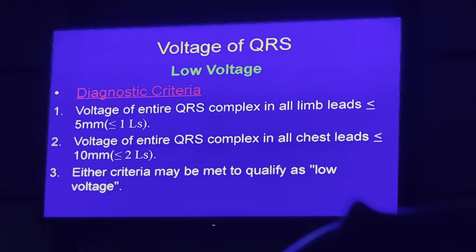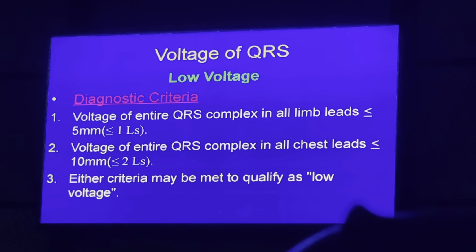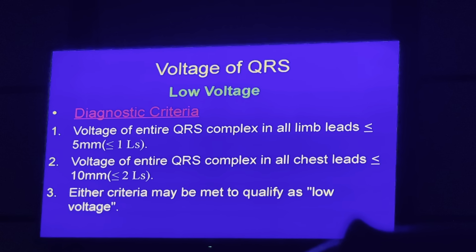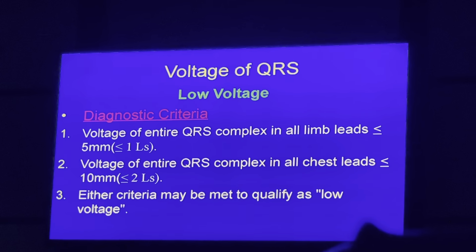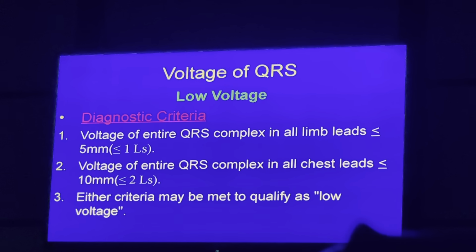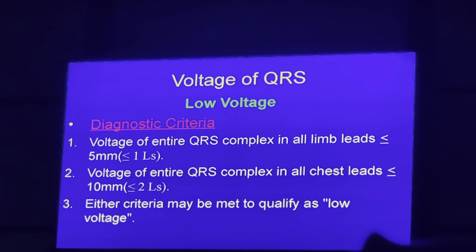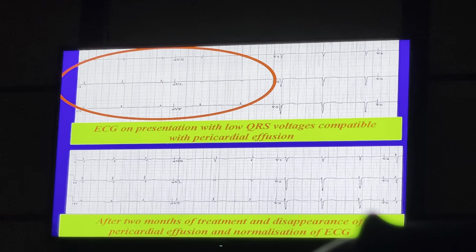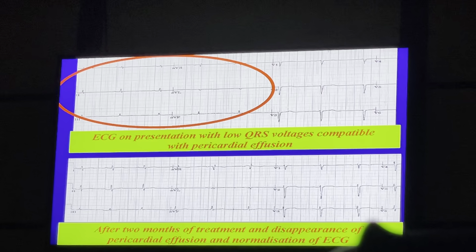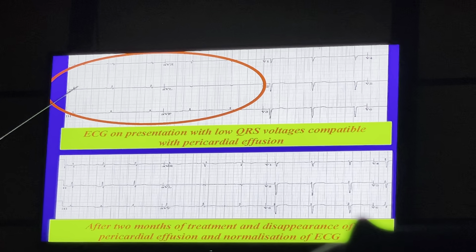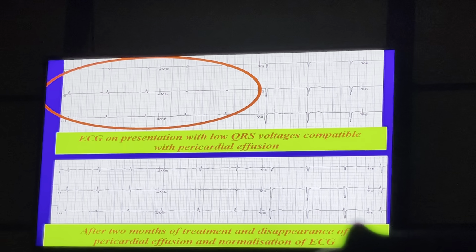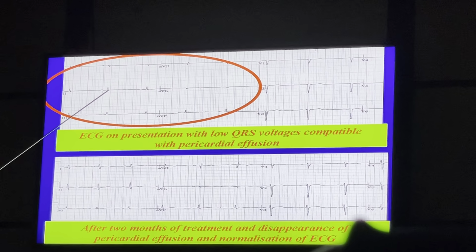So if you want to say low voltage, it means all limb leads should be less than 5, or all chest leads should be less than 10, or both, or either. You may diagnose it as a low voltage. Next. So here is the ECG, and when you calculate the whole voltage, it should be from the peak of R to nadir of S. So it shouldn't be from the start of this to this.